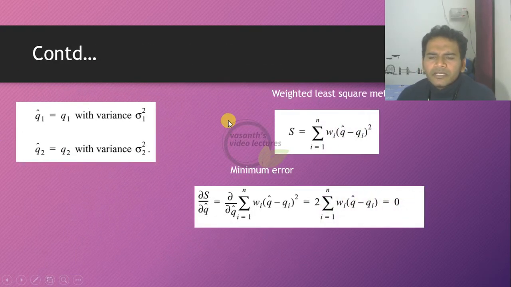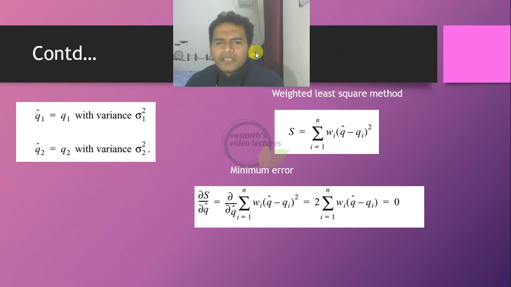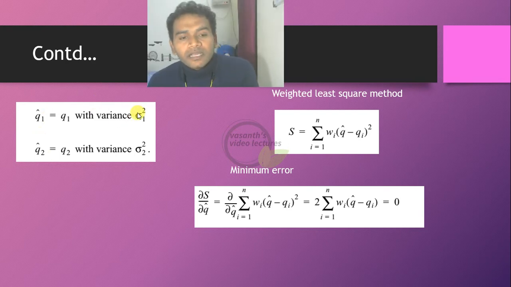So first, let us say the sensory data have two variances, Q1 and Q2. These two variances are fundamentally from two sensors which are predicting your state. For example, a laser rangefinder is used for determining the position. Similarly, one ultrasonic sensor is used for determining the position. So these two sensors have yielded two results which have some variance, sigma 1 square and sigma 2 square.